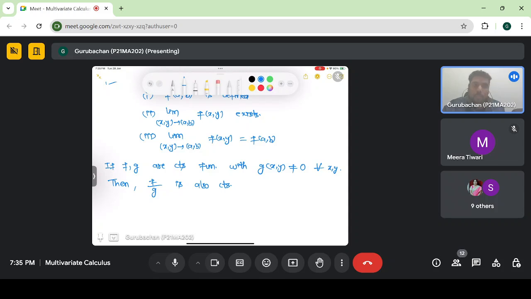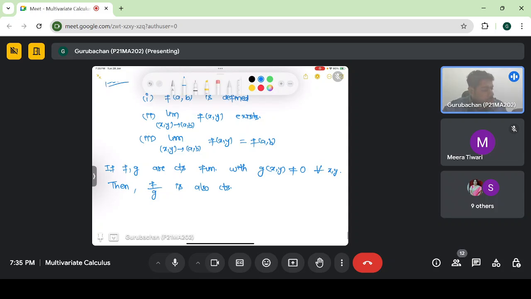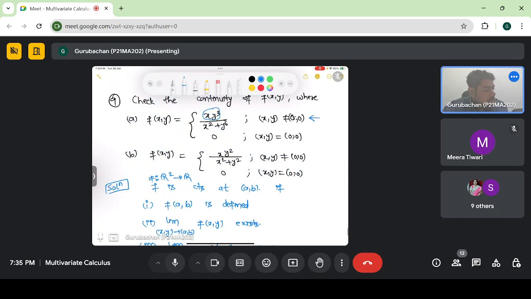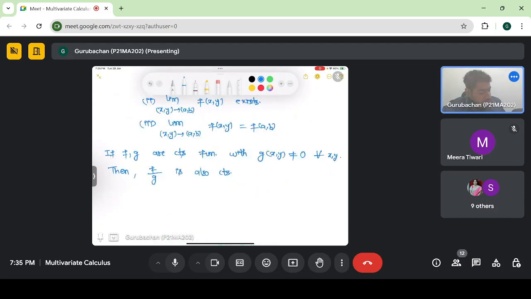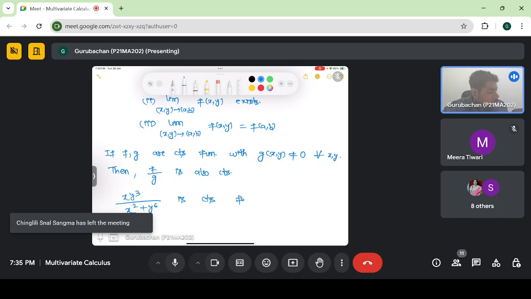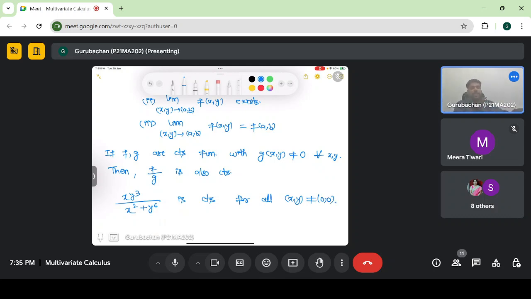And here, being polynomials, x y cube is continuous, and x square plus y to the power 6 is also continuous. So that means x y cube divided by x square plus y to the power 6 is continuous for all (x, y) not equal to (0, 0). So we can guarantee it when (x, y) is not equal to (0, 0). But what if (x, y) equals (0, 0)?